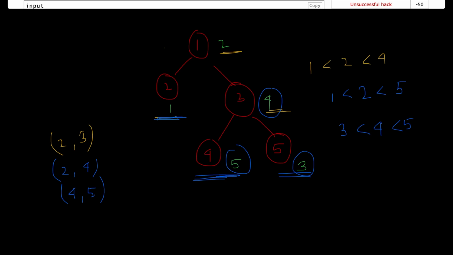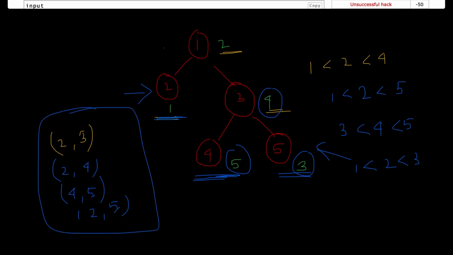Now I guess you can find another pair like this. The last pair is 2 comma 5, that is this one and this one, because here 1 is less than 2, which is in turn less than 3, right? So in total we got 4 such pairs.